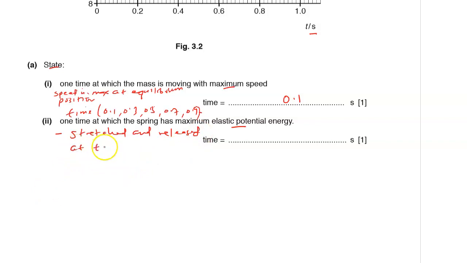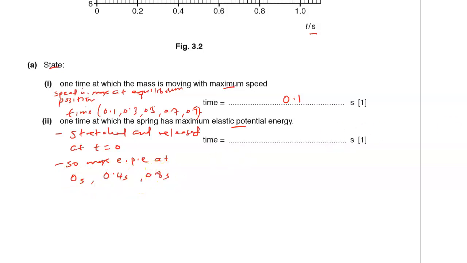So I'll go for t equals 0. Other times, we'll have maximum elastic potential energy at 0 seconds. We'll also have it at 0.4 seconds, and we'll also have it at 0.8 seconds.